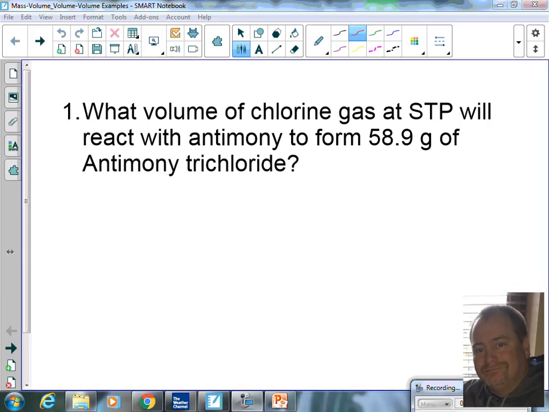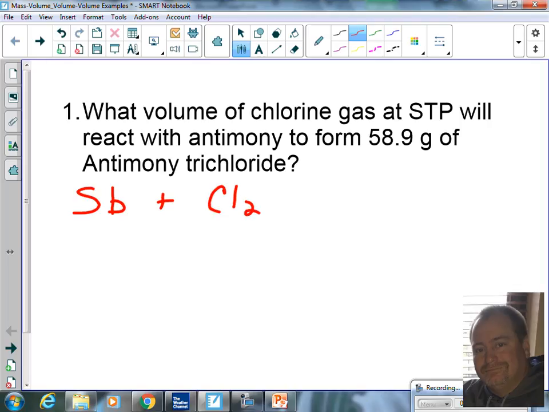So, I know that I'm looking for antimony on my periodic table. Sb is antimony. I drew a blank, I couldn't remember what it was. Antimony will react with chlorine gas.